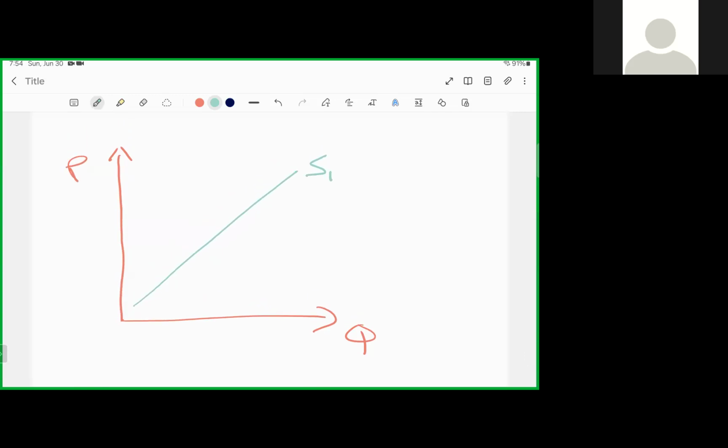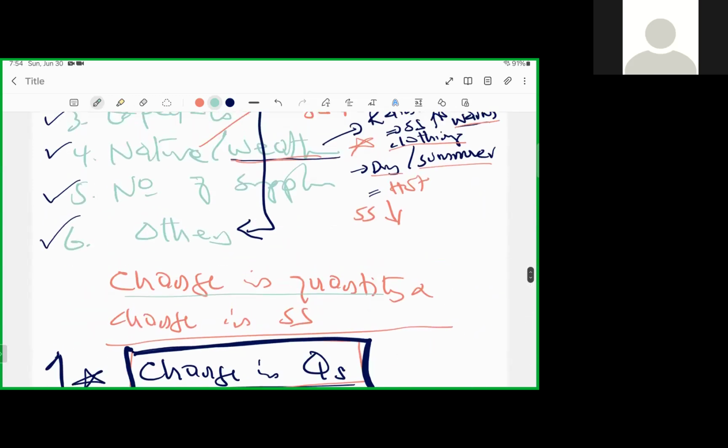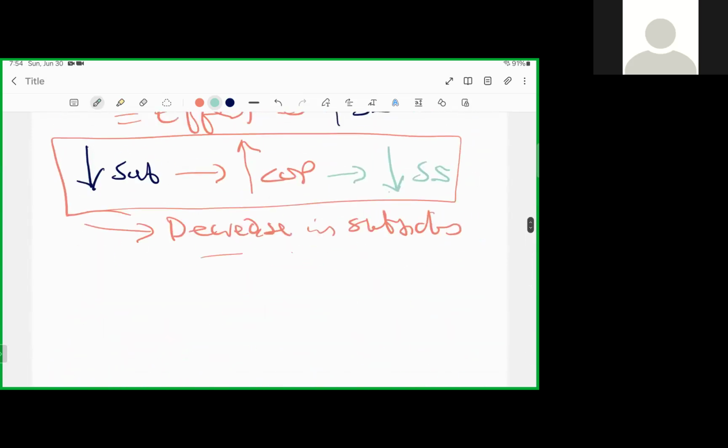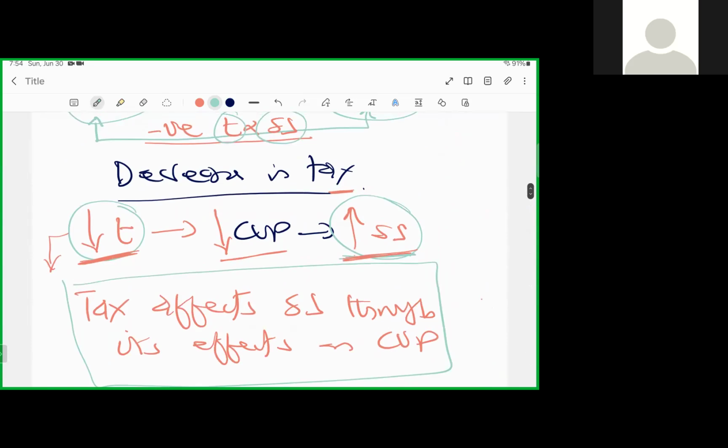So it will be either an increase or a decrease in what? Supply. Let's say there is a decrease in the cost of production because government has decreased taxes, okay? Remember, when we were talking about the factors affecting supply, we spoke about the cost of production, and taxes.